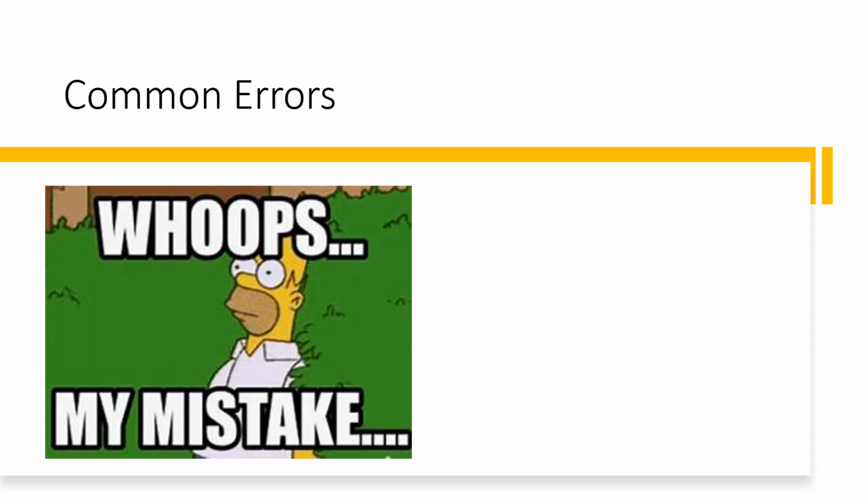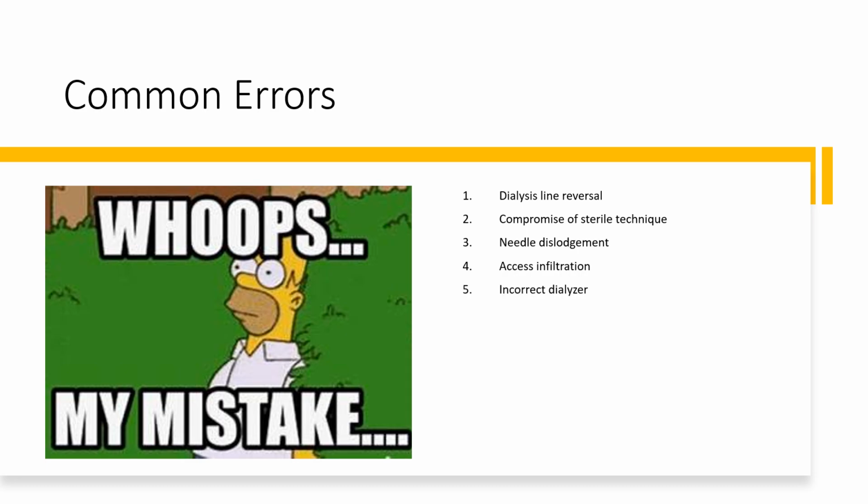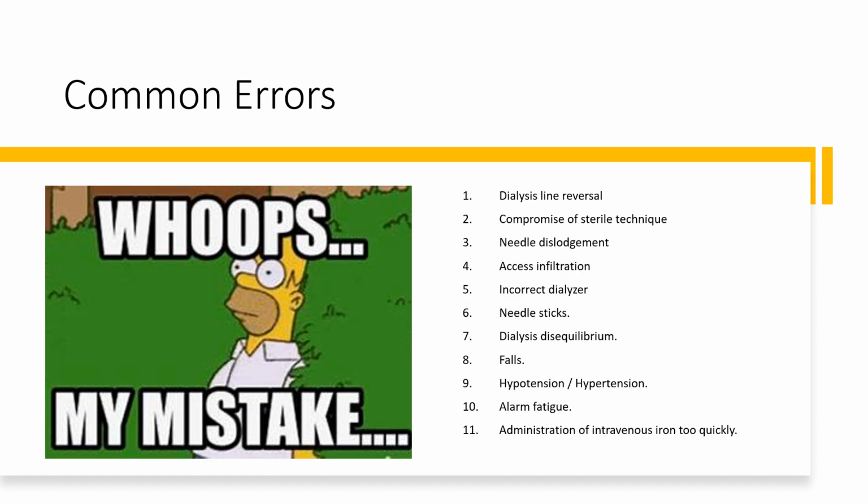The common errors that I chose to discuss today include dialysis line reversal, compromise of sterile technique, needle dislodgement, access infiltration, the use of the incorrect dialyzer, needle stick injuries, dialysis disequilibrium, falls, either hypo or hypertension, alarm fatigue, and administration of intravenous iron too quickly.